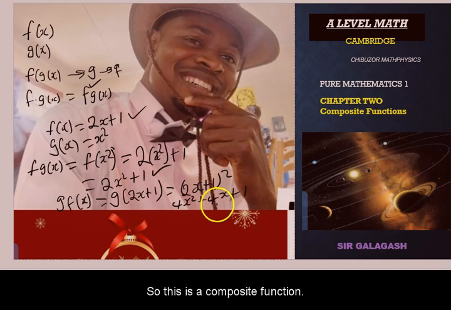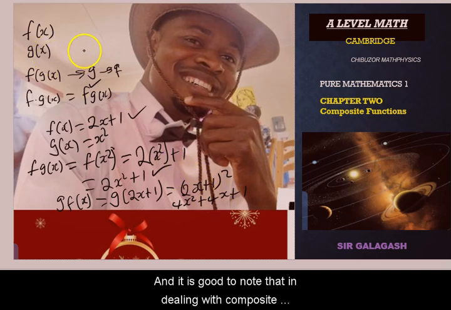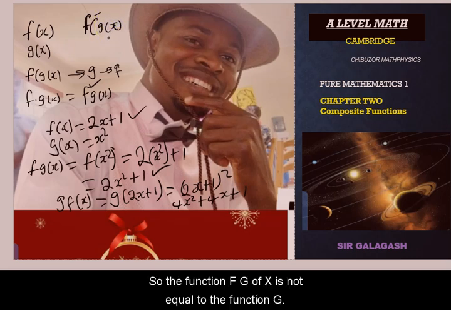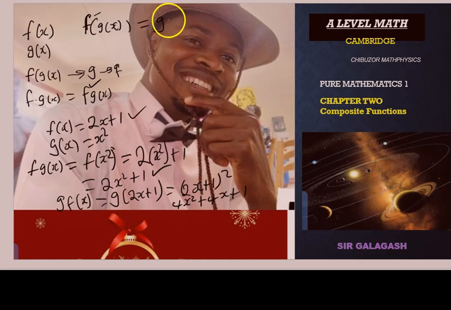So this is a composite function, and it is good to note that in dealing with composite functions, the function f of g of x is not equal to the function g of f of x.